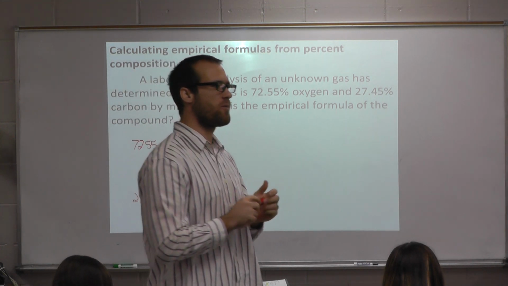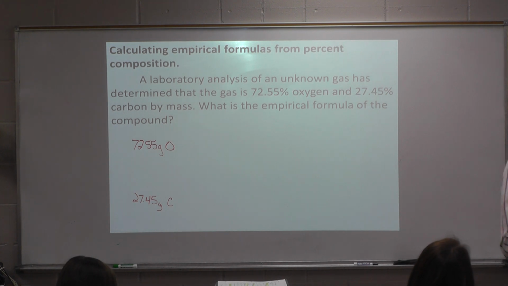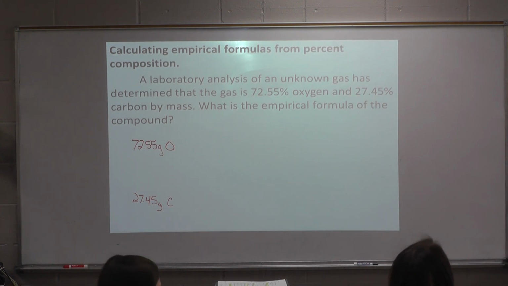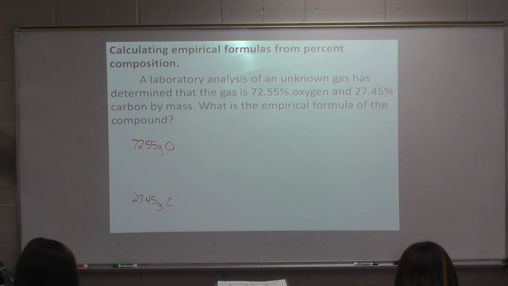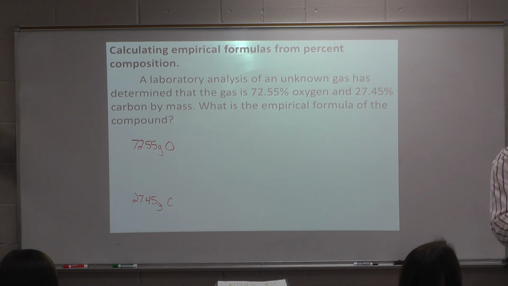Now, we've got this mass. What does an empirical formula deal with? The basic ratios of what? The elements. That would be if we had our subscripts in their most basic simplified version. What do those subscripts represent? How many of those. So if we want the empirical formula, wouldn't we need it in mole form?